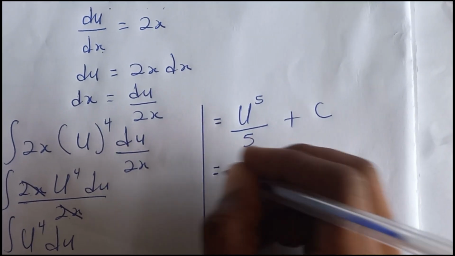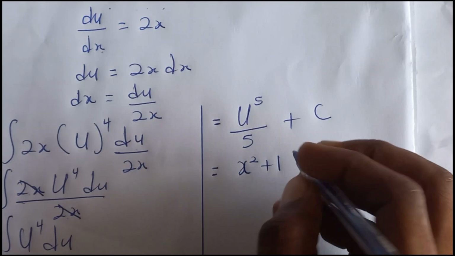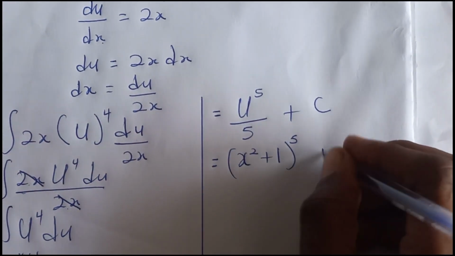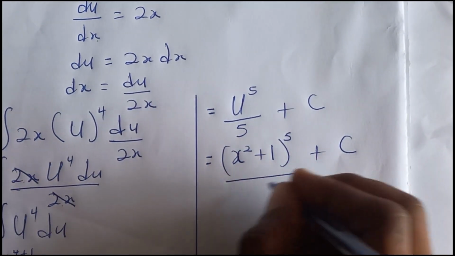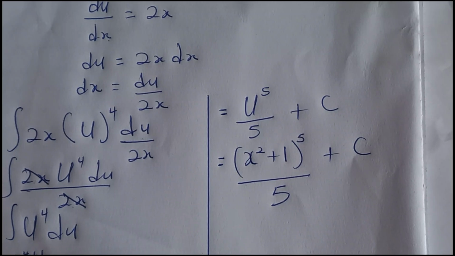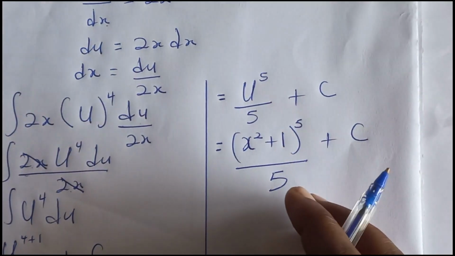So u is x squared plus 1, so all to the power 5, plus c. So this one is over 5 like this. So this is our final answer for the question.